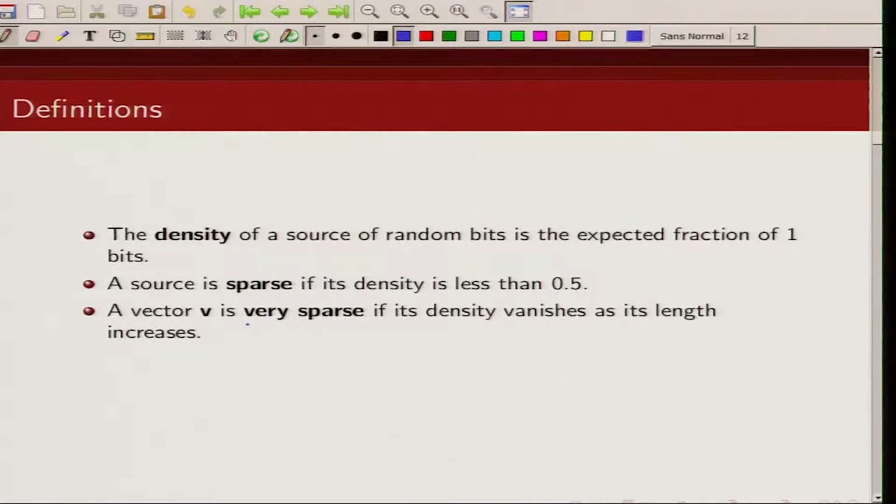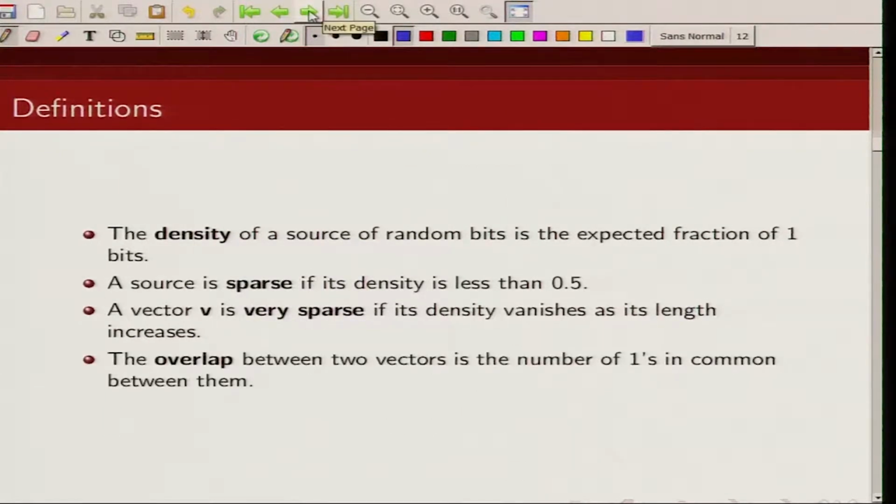And we say a vector is very low density if the density vanishes as the length of the vector increases. In other words, the number of ones is fixed even if we increase the length of the vector. In that case, the density will vanish as length increases.